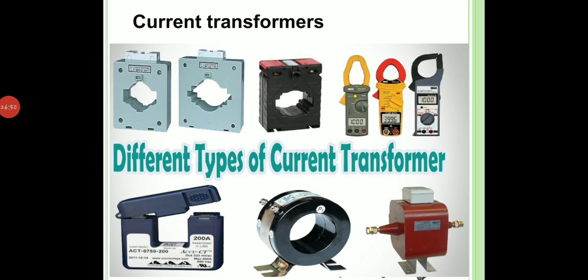Here you can see different types of current transformers. On the left side, at the bottom, you can see a square hole, and the rating written there is 20 amperes of current. On the top side, in the first row on the right, you have three instruments called clamp meters.